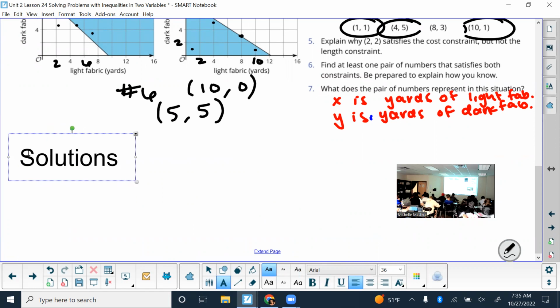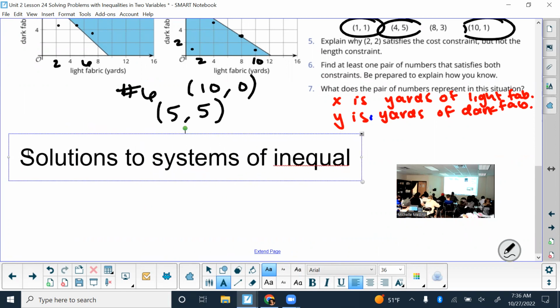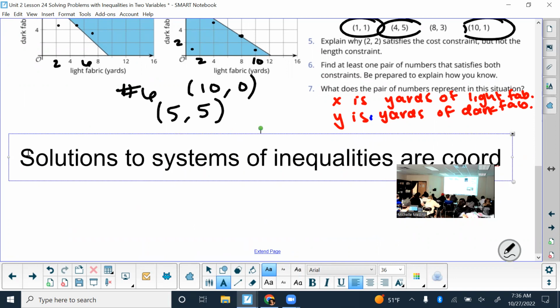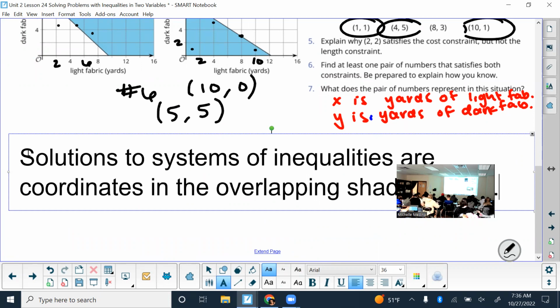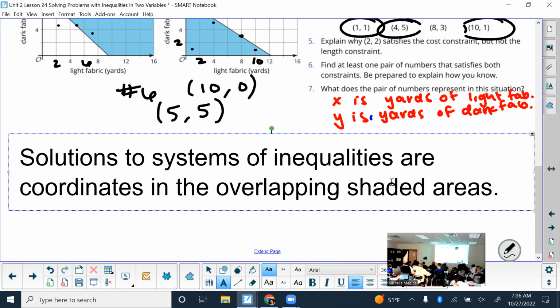So write that somewhere, whether it's on the back, we're done with the 2.24, it's just this part. So solutions to systems of inequalities are coordinates in the overlapping shaded areas. All right, so write that down, and then we're going to move on to 2.25.